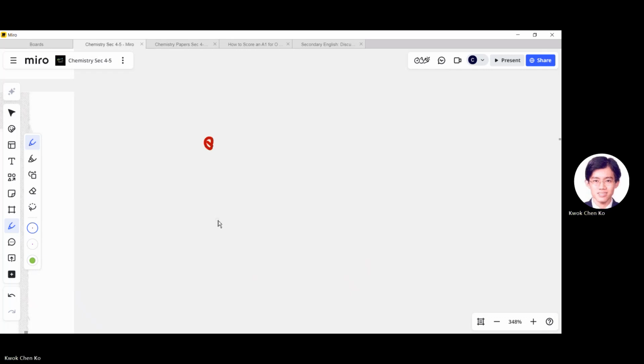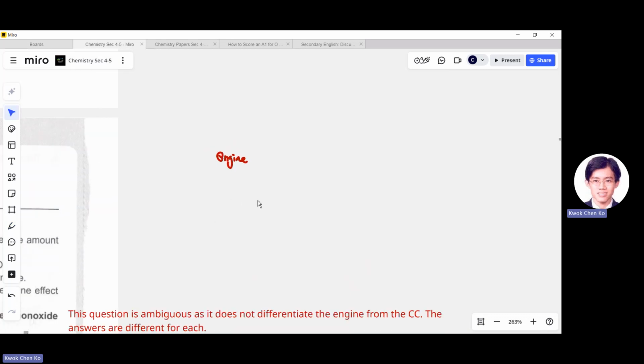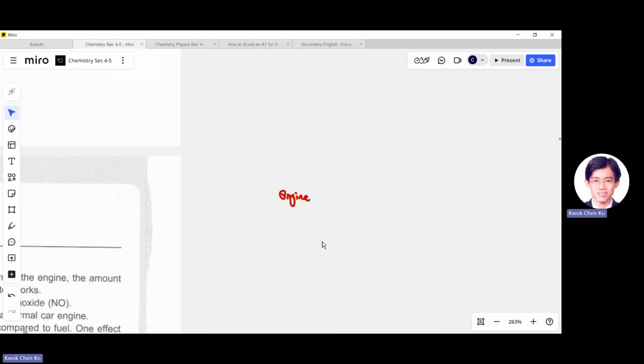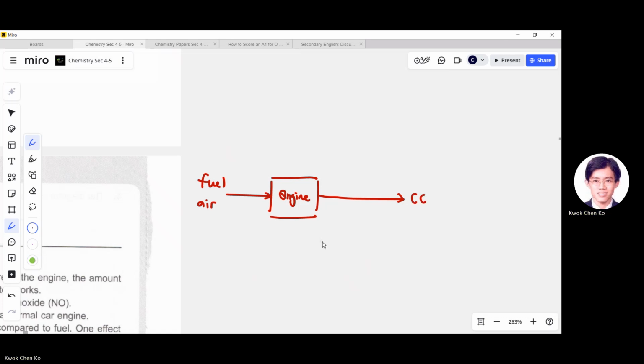So we are talking about a car engine. Then it is obviously your fuel and air goes in. And then from the engine, it goes to your catalytic converter, which is under the body of the car. If you look under the body, you can see a big box at the bottom.